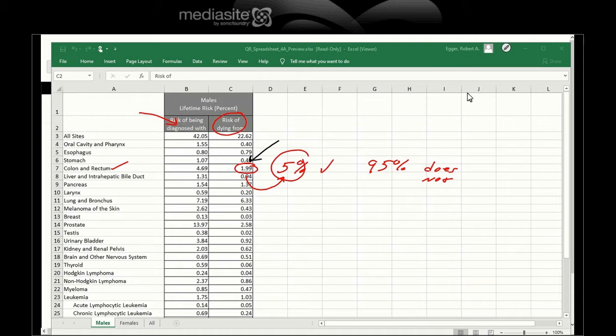So let's take a quick look at that. Let's go out of 10,000 males. 5% will be diagnosed with this cancer, so let's multiply that by 0.05. Out of 10,000, that means 500. 10,000 times 0.05, yes, 500 will be diagnosed.